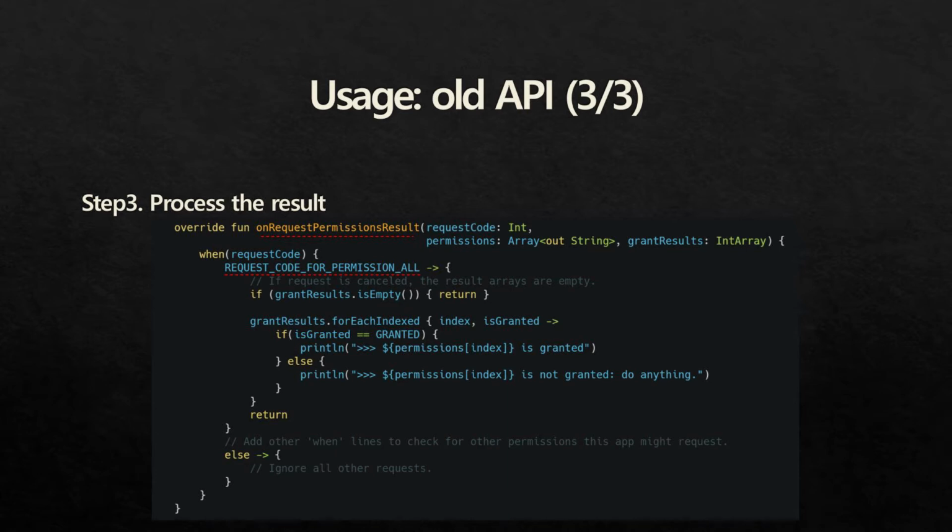Third step, after the user responds to the system permissions dialog, the system then invokes the onRequestPermissionsResult function. We need to check the request code in the onRequestPermissionsResult function to identify what permission is requested, and then the desired processing is performed depending on each result. For example, re-requesting or notifying functional restrictions.